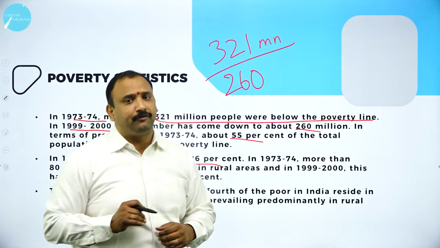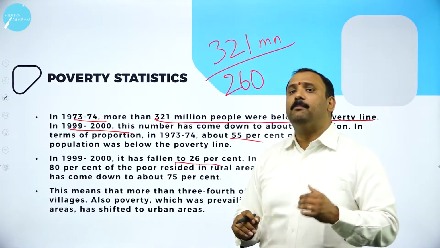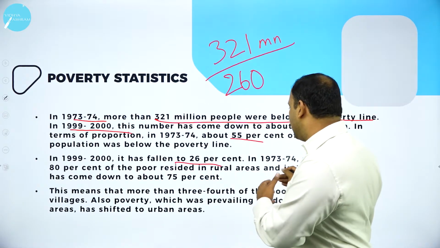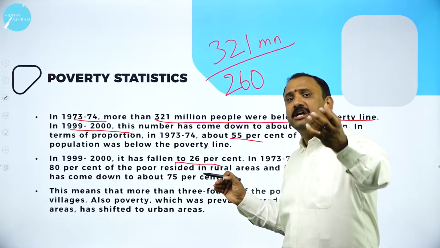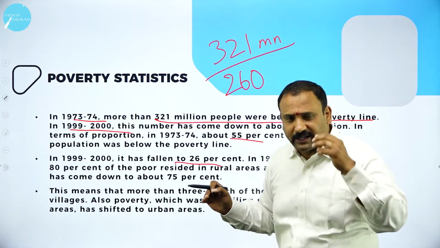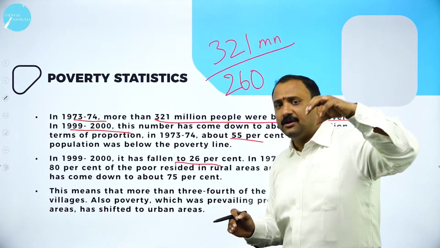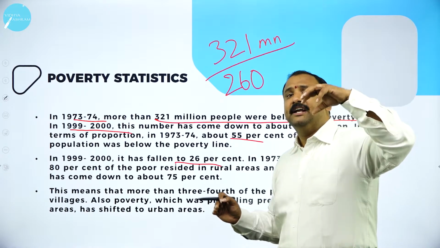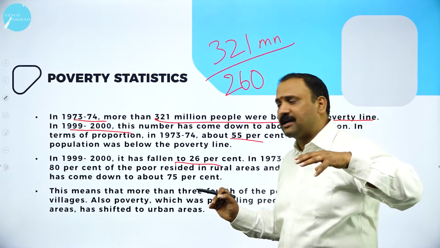So quite an amount of improvement, 55% to 20%, we have been able to overcome almost more than half. That is where we see that statistics have helped us eradicate poverty. It is telling us that India is making developmental efforts towards reducing poverty, understanding poverty better, and trying to eradicate it completely.